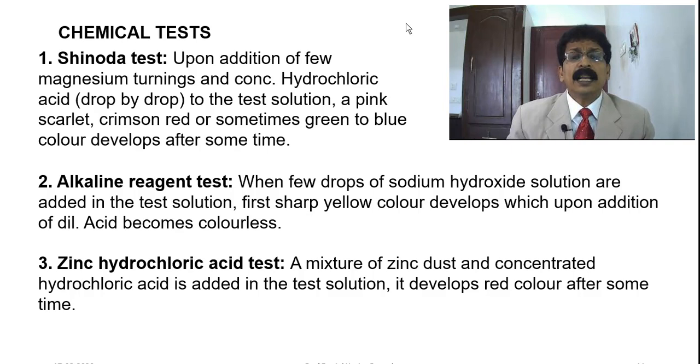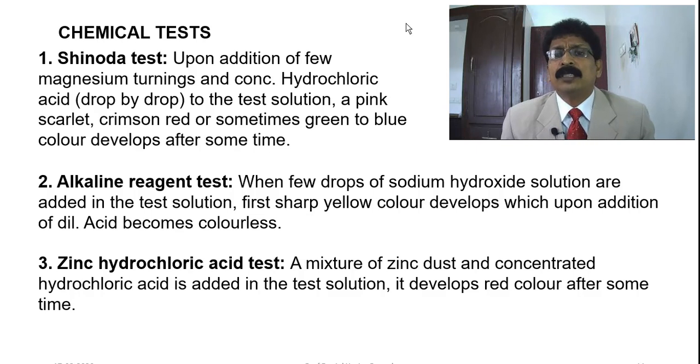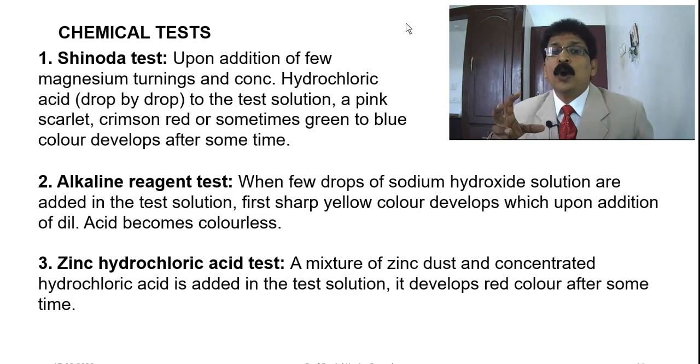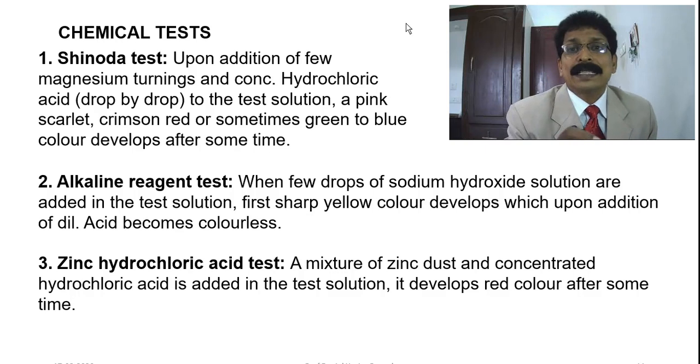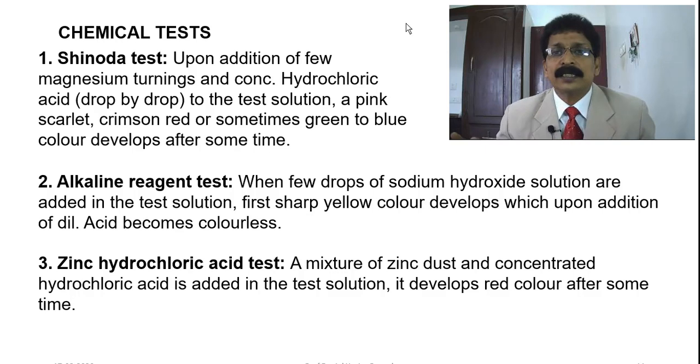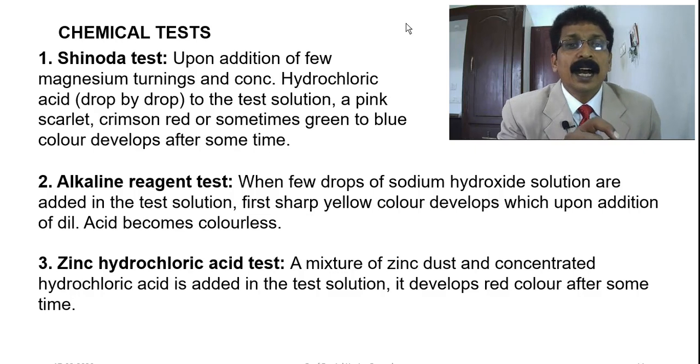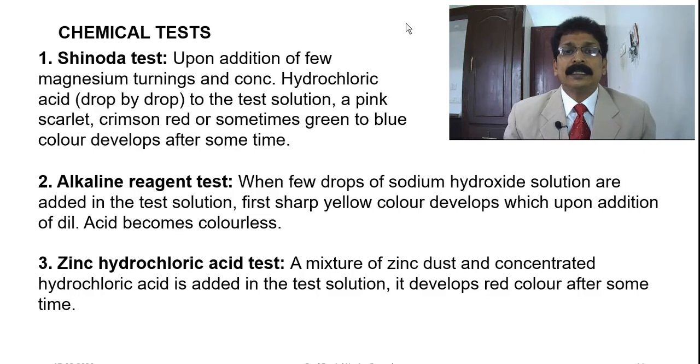Next, the alkaline reagent test. When a few drops of sodium hydroxide solution are added to the test solution, first a sharp yellow color develops, which upon addition of dilute acid becomes colorless. This change gives identification for flavonoids. And number 3, the zinc hydrochloric acid test.